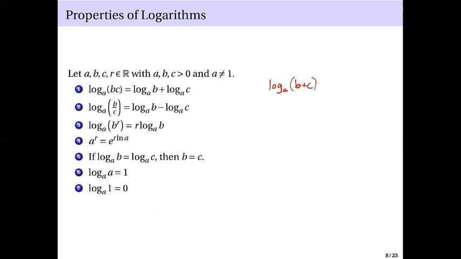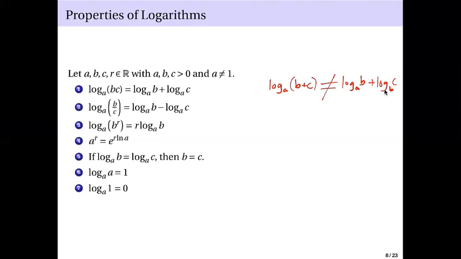To be more precise, the logarithm of b plus c with base a is not the same as the logarithm of b with base a plus the logarithm of c with base a.